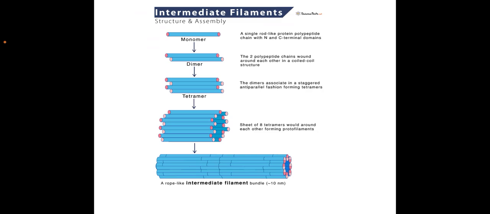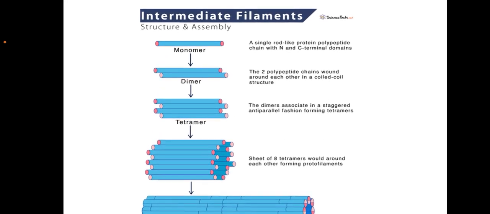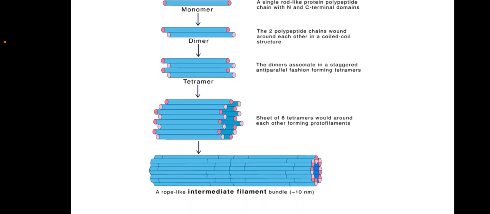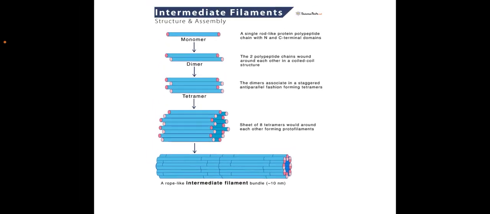That is how the symmetry of intermediate filaments forms. First, monomer transforms into dimer, then tetramer, then protofilament, and the protofilament finally forms an intermediate filament, or IF, approximately 10 nanometers in diameter.